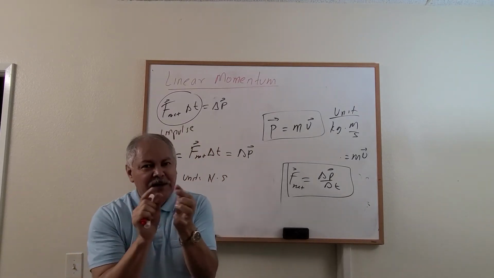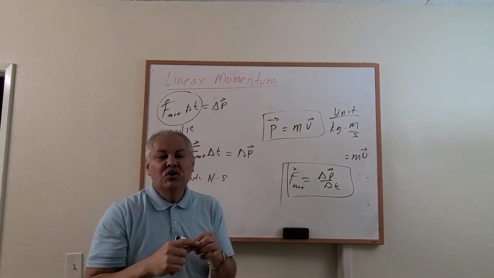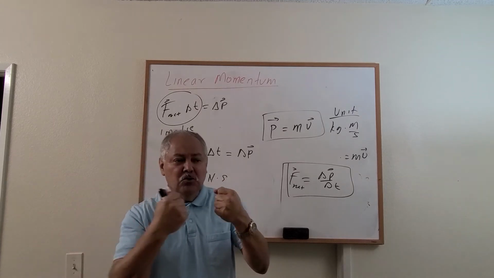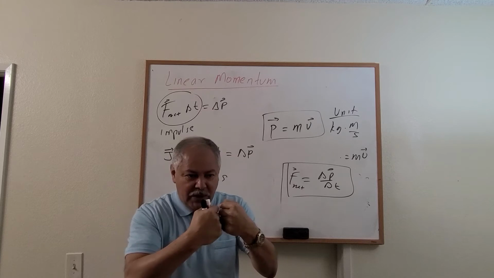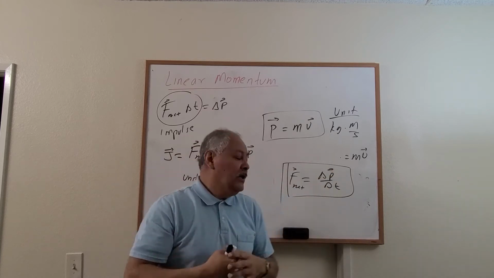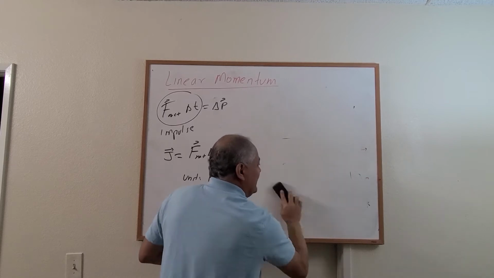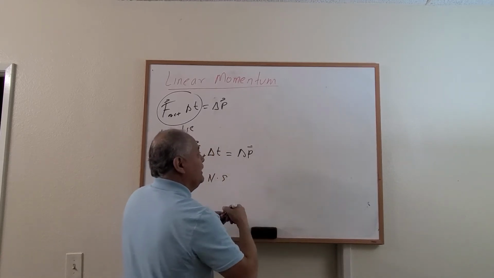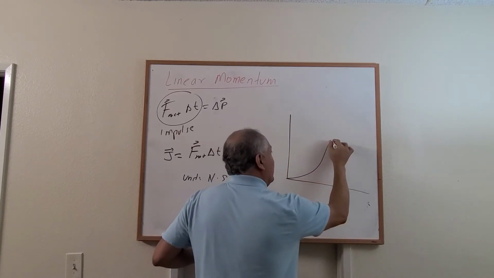And when we have impact, we don't know exactly the force. We usually use the average force, because we expect the collision to be kind of elastic. We have like a spring, with compression and expansion. So we can represent that impact or collision in this way, with compression and expansion.